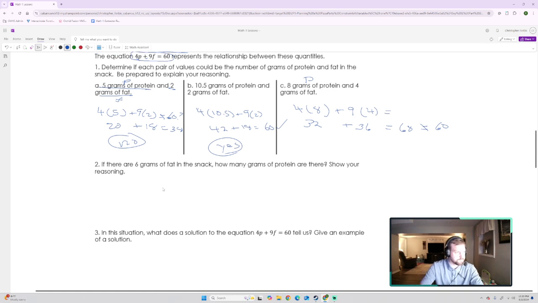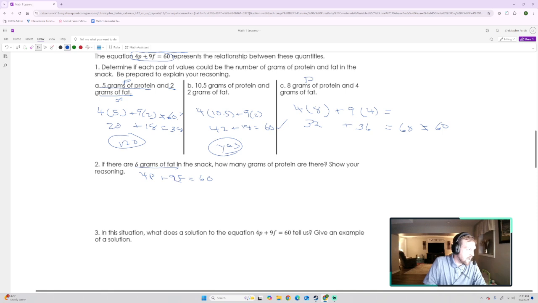All right, number 2. If there are 6 grams of fat in the snack, how many grams of protein are there? Show your reasoning. All right, well, remember, we got the equation. Remember, it's 4P plus 9F equals 60. That's our relationship. That's what we're using. You got to understand what that means in the context of your problem. Well, it's saying that we have 6 grams of fat.